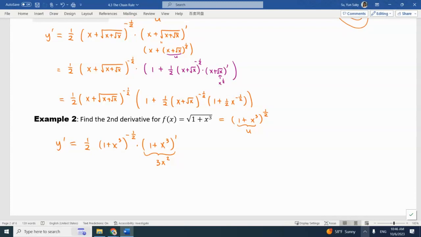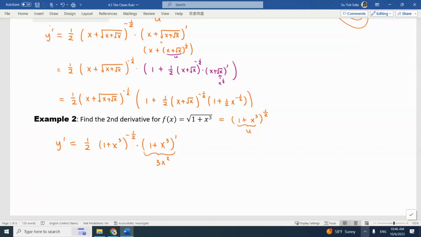So usually when I ask you to find the derivative, you don't need to simplify. But if I ask you to find the second derivative, you'd better simplify your answer for the first derivative. Do you agree, everybody? You make it look nicer. Let's combine the 1/2 and the 3x squared together.